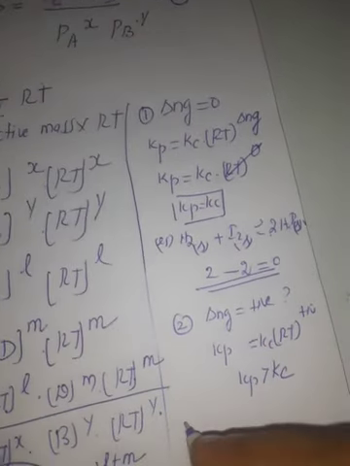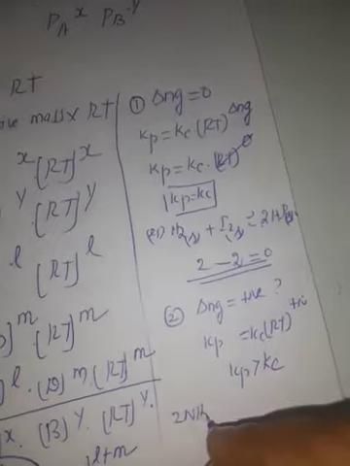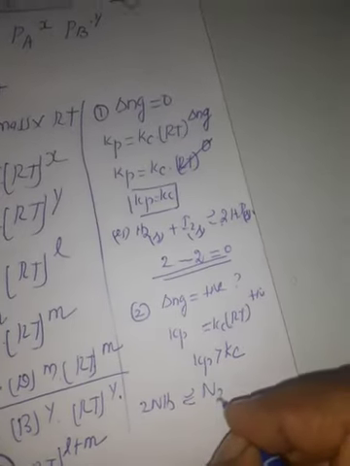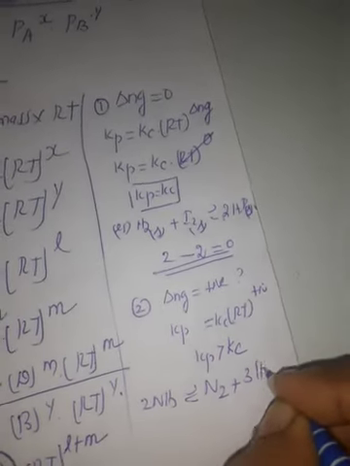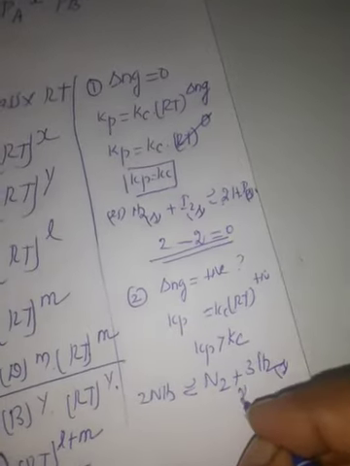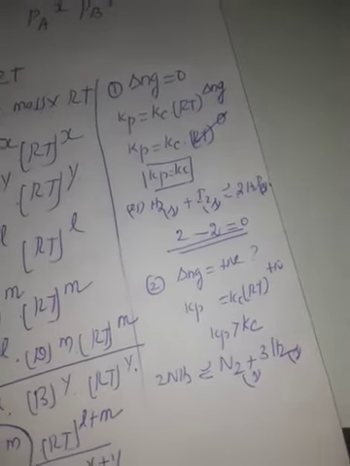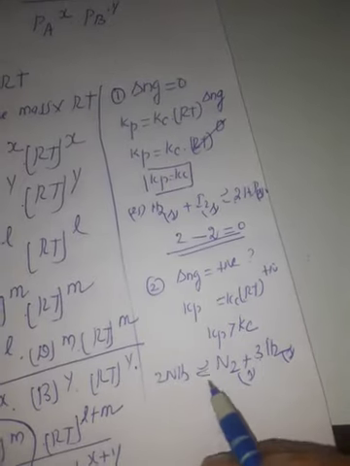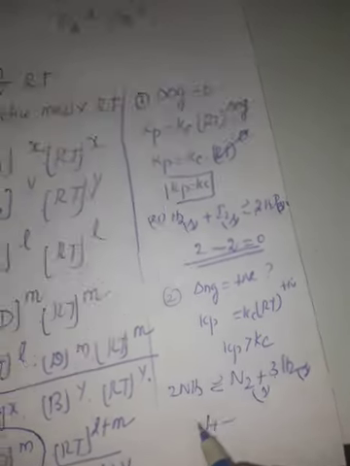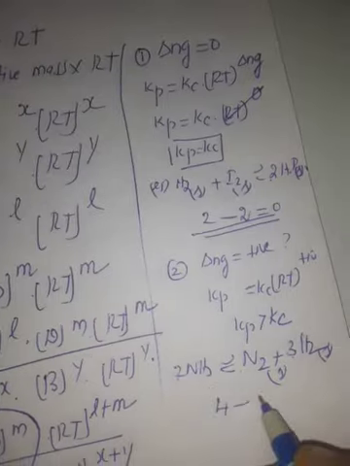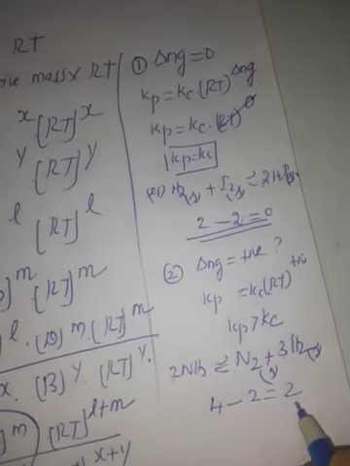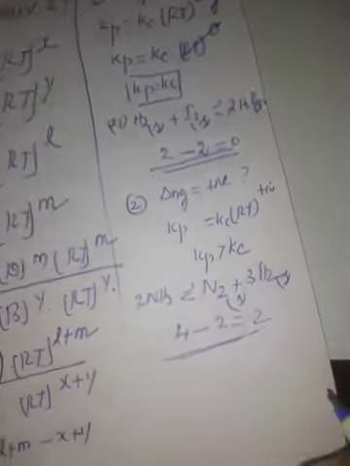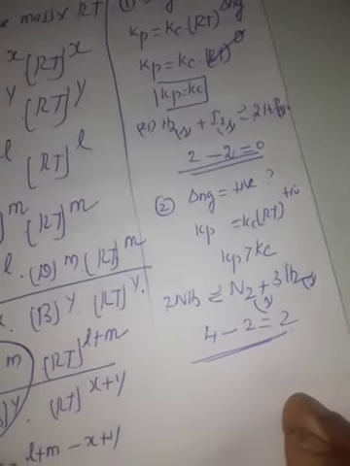For example, 2NH3 giving N2 plus 3H2 gas. Here N2 1 mole, H2 3 moles, so 3 plus 1, 4, 4 minus reactant moles 2, 4 minus 2 is equal to 2, getting a positive value. If this is the case, Kp greater than Kc.